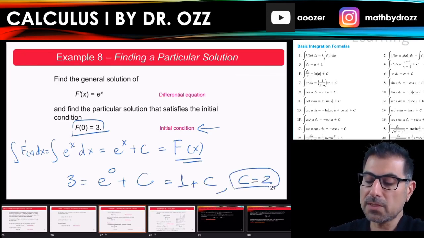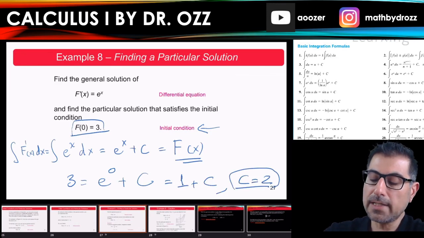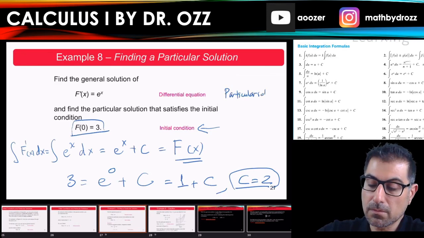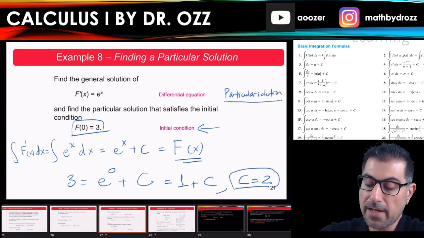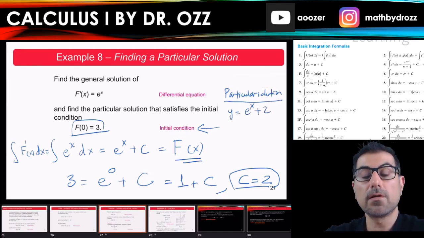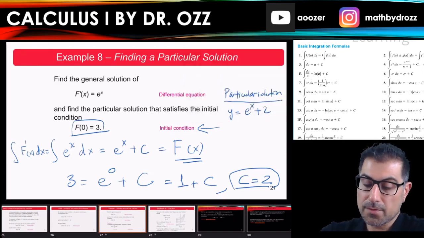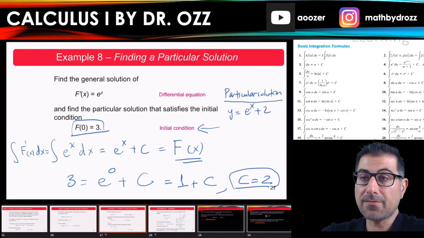After you solve this for c, you go back and conclude that f of x satisfying f of 0 equals 3, a particular solution, is in fact e to the x plus 2. So the solution that I'm after is e to the x plus 2.